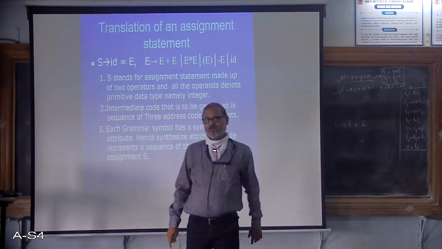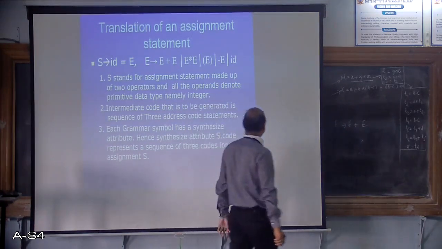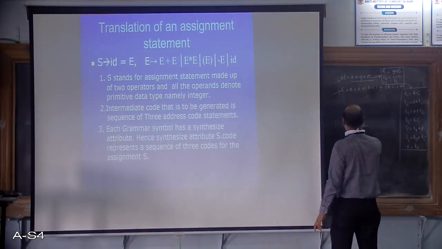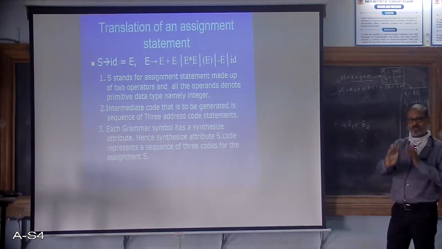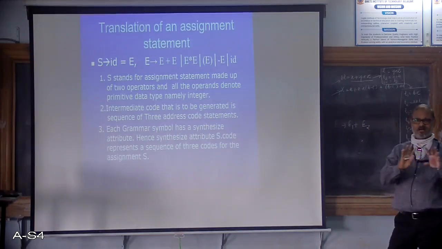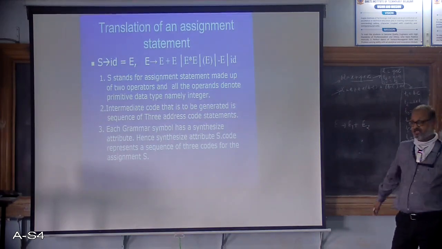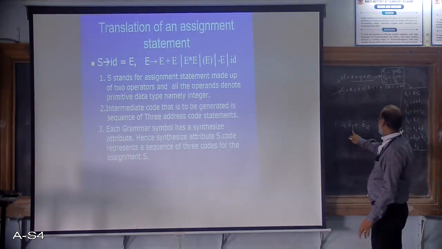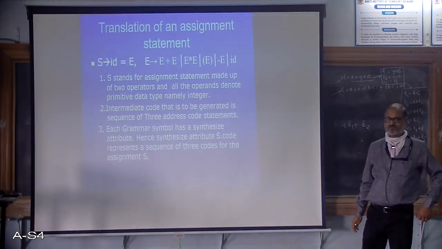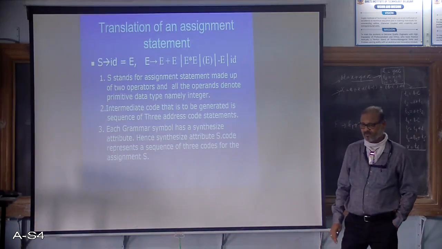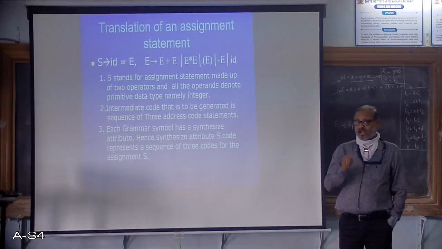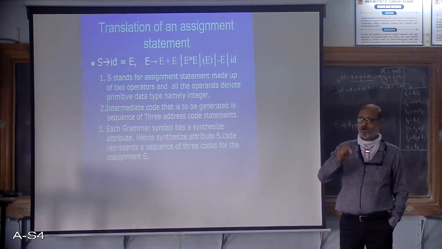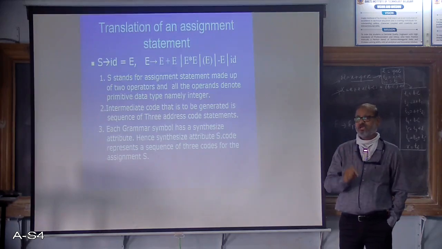Now let me take the production E derives E1 plus E2. Since there are 3 instances, let me indicate subscripts 1 and 2 to differentiate these grammar symbols, though all are the same, just to differentiate in the explanation. The semantic actions that we attach to every production have to be called at the appropriate time.